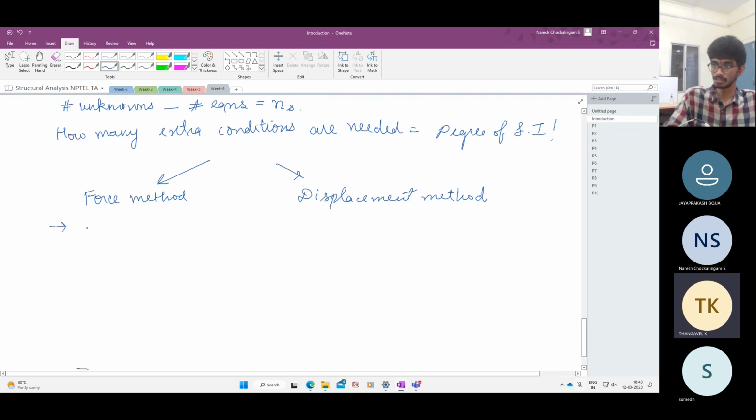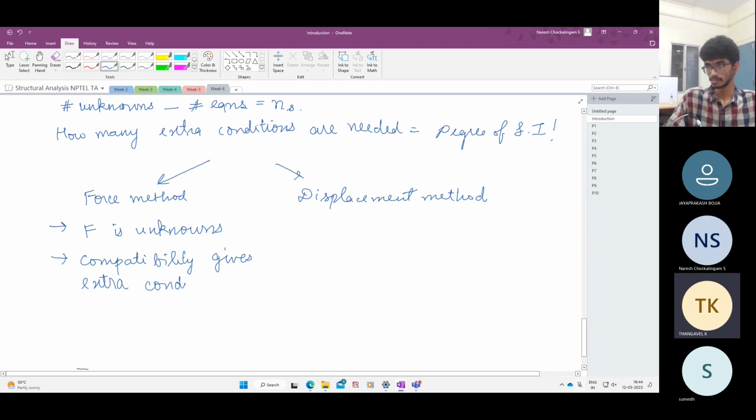In force method, forces are unknowns. So F is unknown, forces in different members are unknown, and the extra conditions are given by compatibility. So compatibility gives extra conditions. This is about force method of analysis.